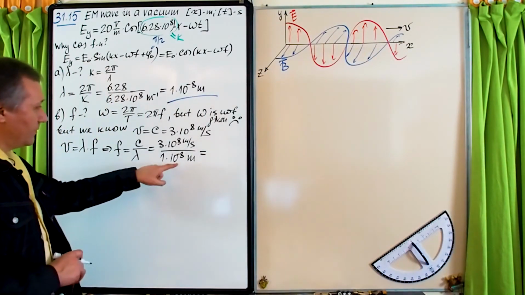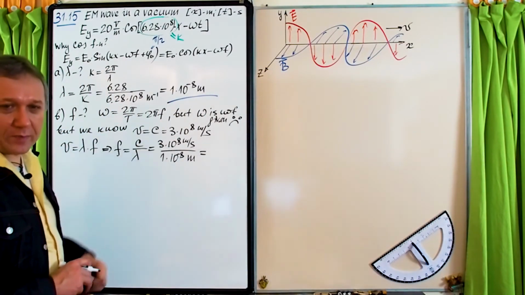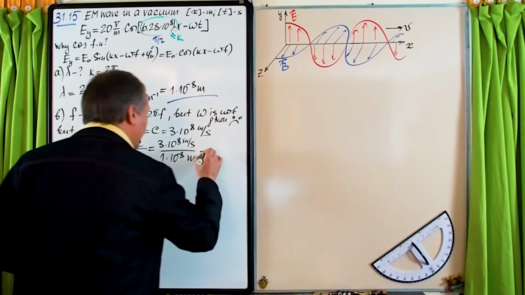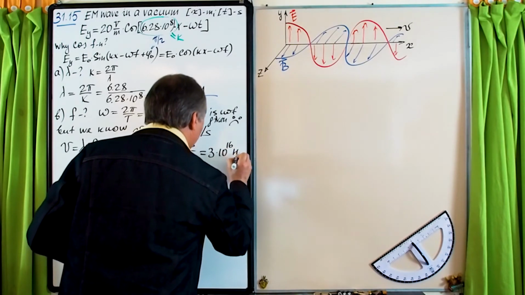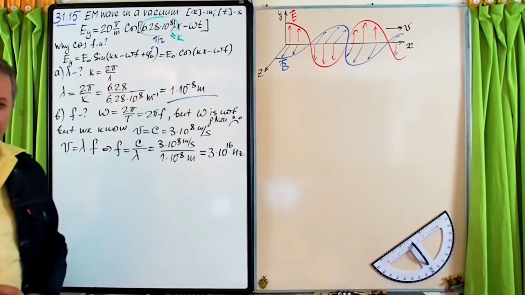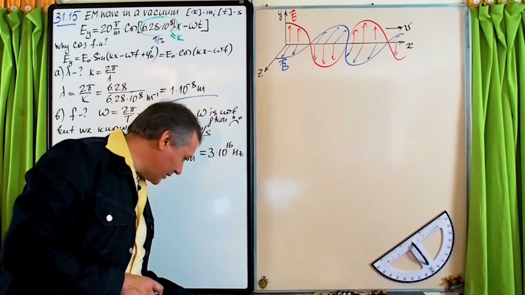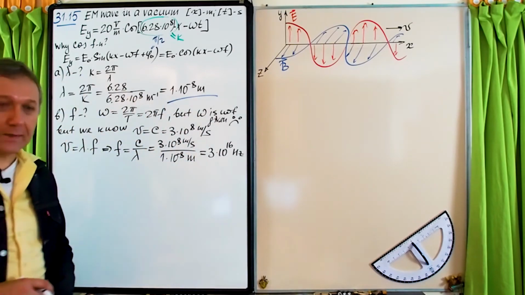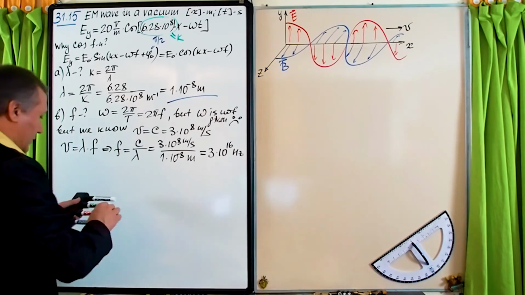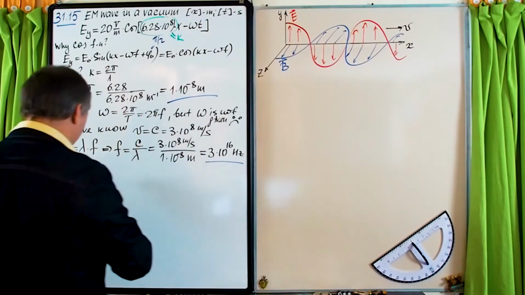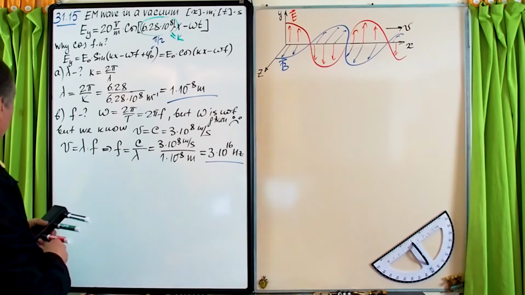So 10 to the power of minus 8 goes upstairs with a positive power, so it will be 3 times 10 to the power of 16 hertz. Okay, yes, this sounds correct. Let me check. Yeah, of course. So now we found the frequency. Let me also underline it so that it will be easier to find later.